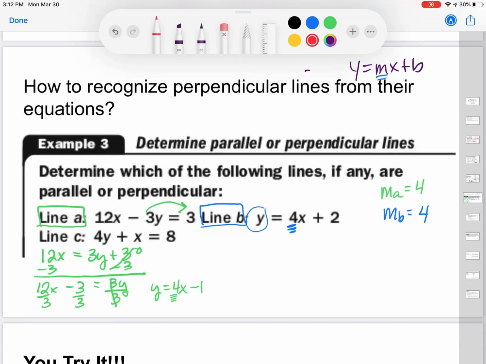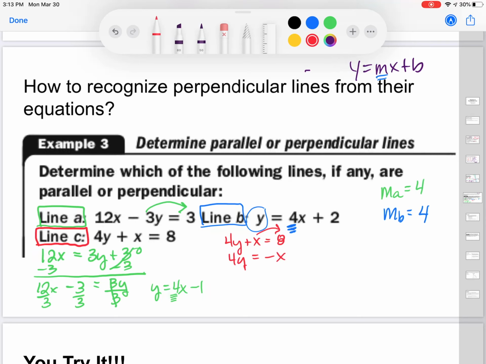Now our last line, line C, we'll do this one in red. So I want to write this one. I got 4y plus x equal to 8. I'm going to move my x to the right-hand side. So if it moves across the equal sign, that's right, we change the sign. 4y stays right there.